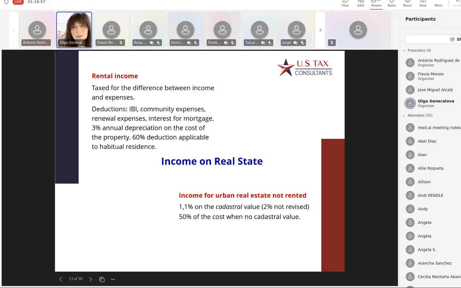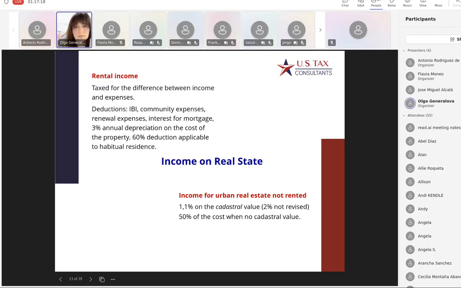So if you live in Spain and you have an empty apartment in the United States, Spain imputes a taxable amount equal to 2% of 50% of its acquisition value.